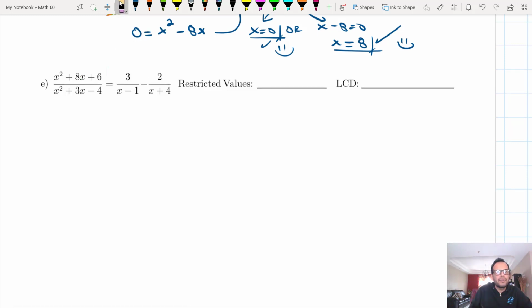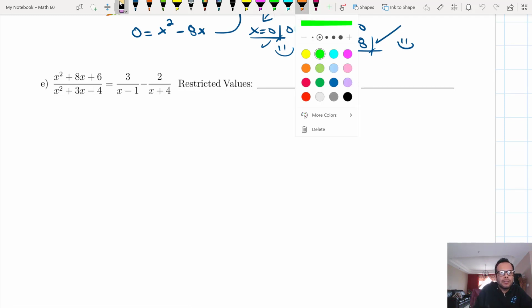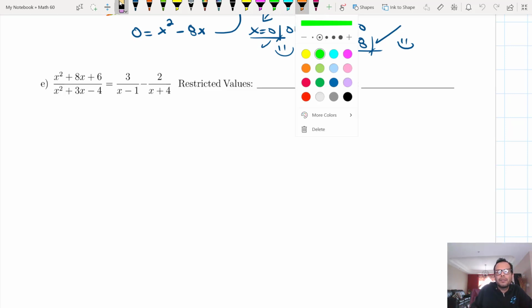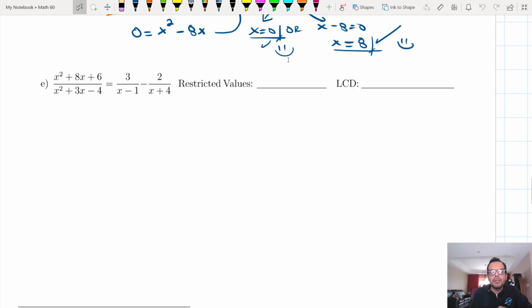Okay, let's erase this. All we care about is the denominator. So let's highlight the denominators only. Having a little bit of trouble with my pen.